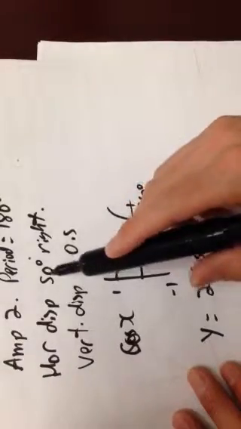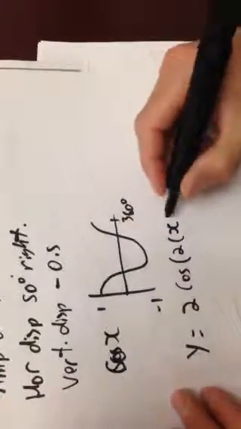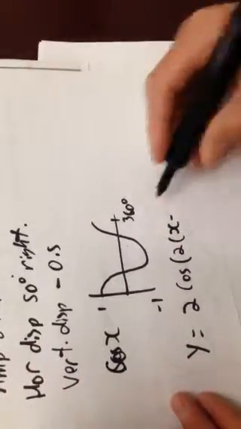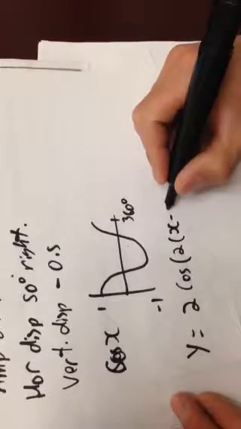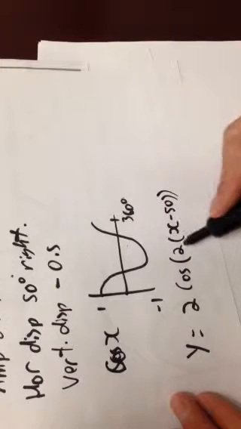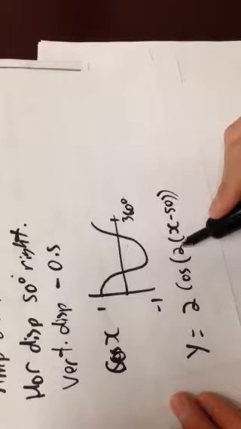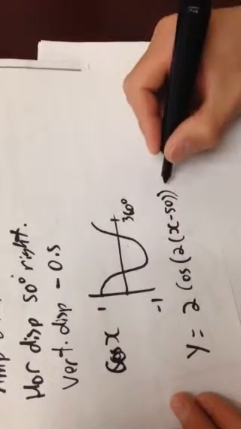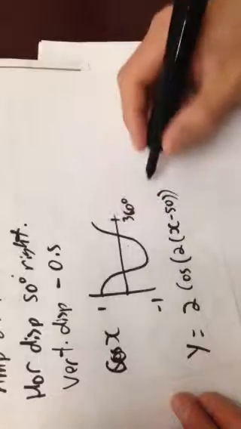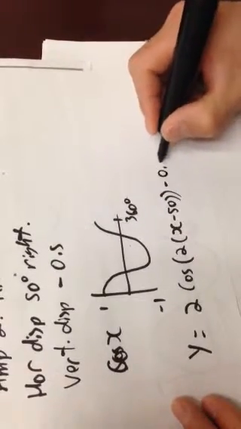I want to shift it 50 degrees to the right. Shifting it to the right requires subtracting that number from the variable directly. So I'm going to subtract 50 degrees from x. You'll always have this double bracket when there's a change in period and a horizontal shift. And finally, we have to shift it down by 0.5. So I'm going to put minus 0.5 here. And that's writing down the equation that perfectly matches this graph.